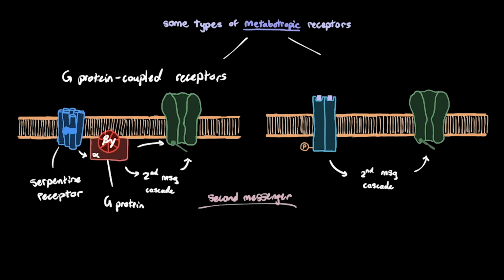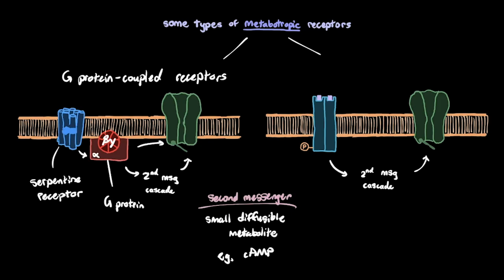And a second messenger is simply a small, freely diffusible metabolite with signaling capabilities. So a very common example of this is cAMP, or cyclic AMP.